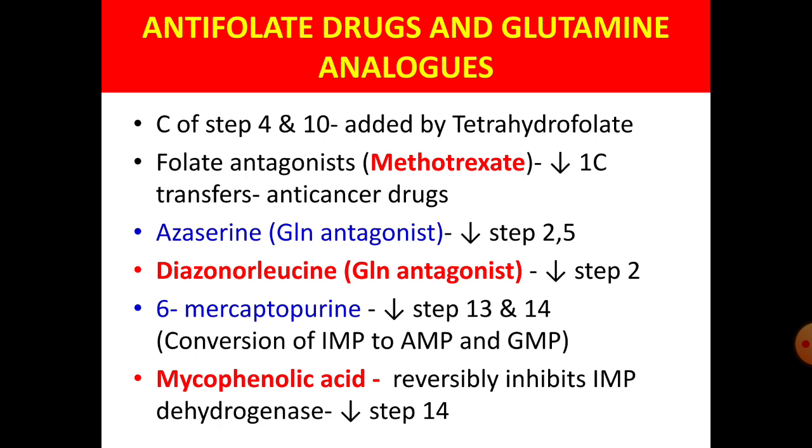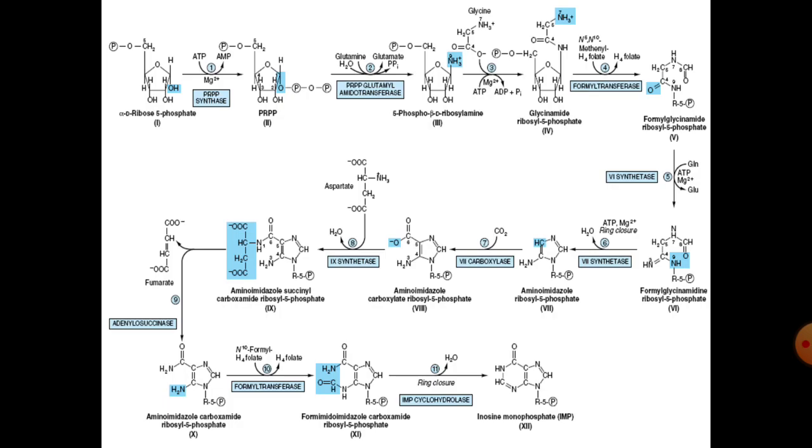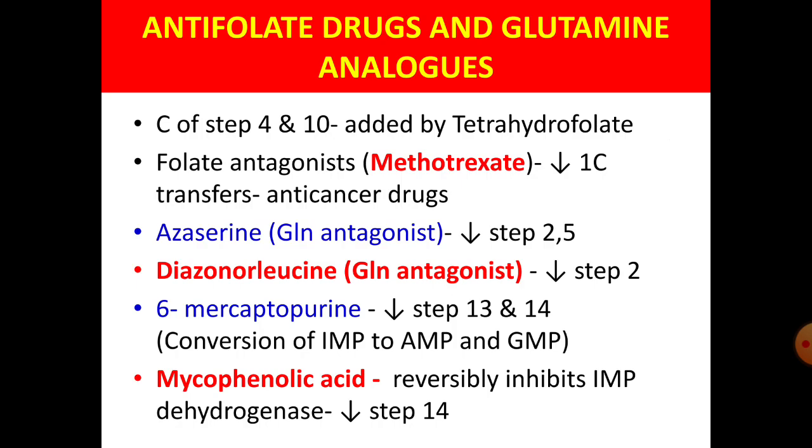If they are checked, then there will be control of purine synthesis, and certain glutamine analogues also can act upon different steps.